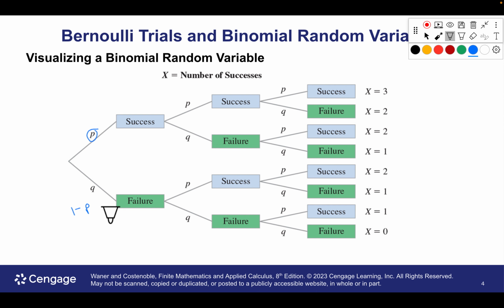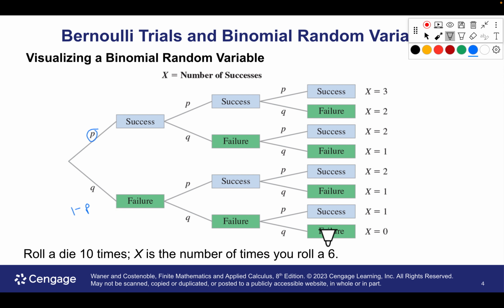Now, it's weird because if it's a 50-50 chance, both P and Q are 0.5, so it's hard to talk about which one is P and which one is Q. They're both the same. So we'll look at an example where we don't have a 50-50 chance. Rolling a die is nice because that's a 1/6 chance.